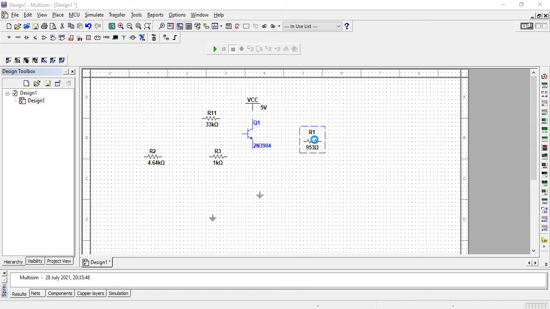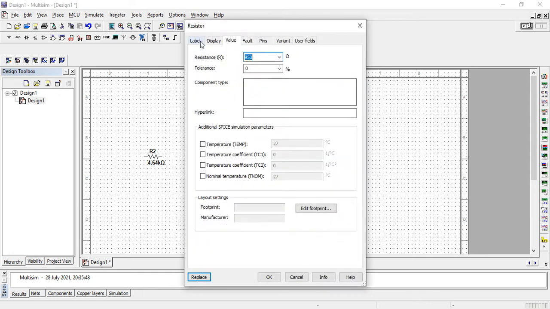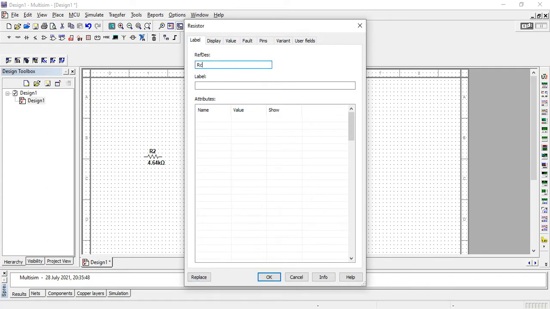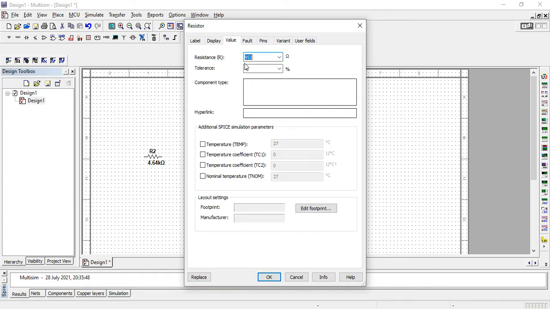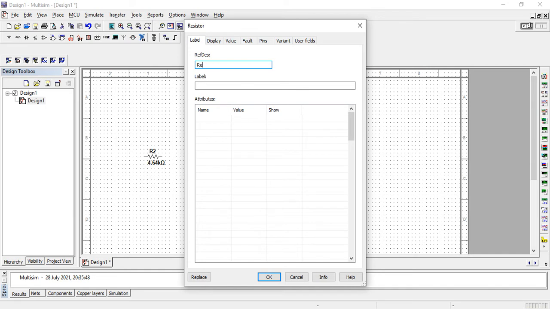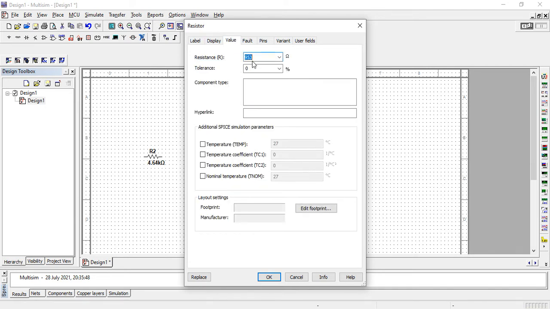So this is going to be your RC. Let's change the label for our ease as well as our value. So here let's take it RE rather than, and the last one would be RC, right? And its value is going to be 460.